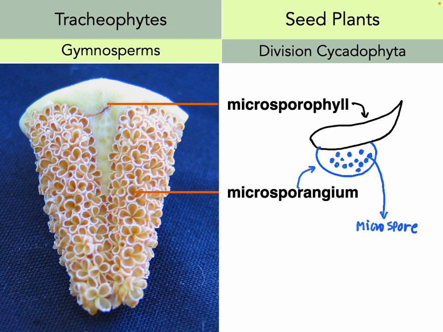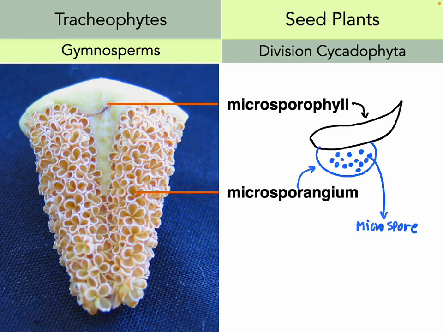Inside the microsporangium, you have microspores. So that's the male part in Cycadophyta. So there's the male part.